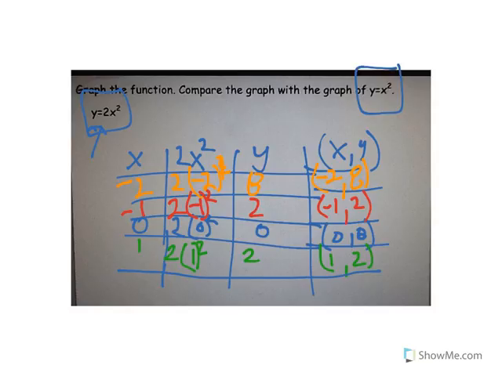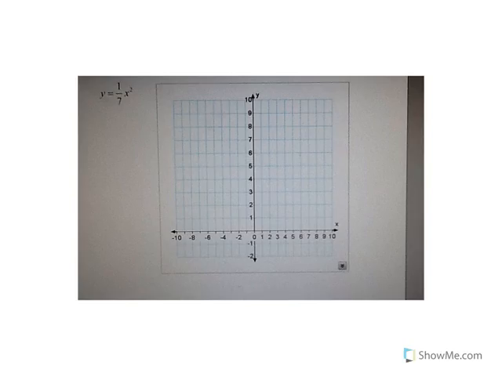And for this one here, if I have 2, it's going to be the same thing, 2 and 2 squared. So it's going to be 8, so it's going to be 2, 8. And when you graph it, you'll see that there's a nice U shape to it.